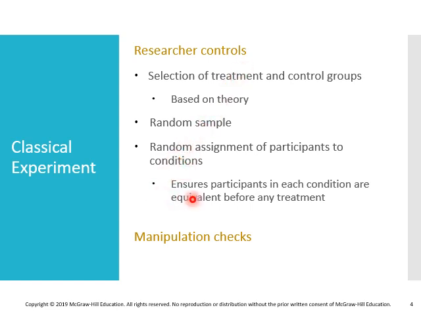And here we have ensuring participants in each condition, so treatment and control, are equivalent before any treatment. As we said, if participants are randomly assigned to either of those two groups, then the differences between the two groups should be very slight, or very similar. Okay. Manipulation checks, we talked about that in the last slide.